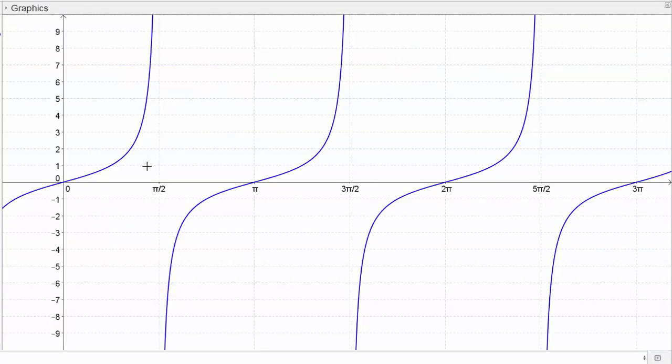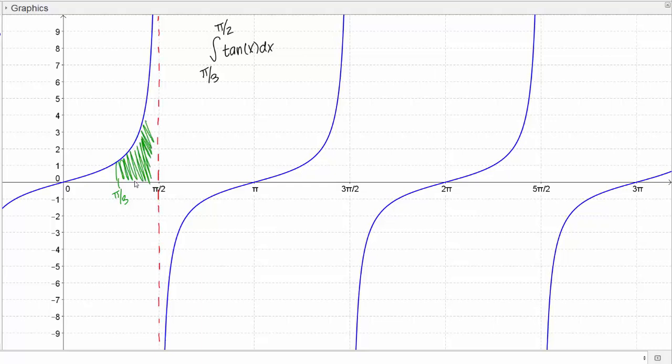So here I have graphed the tangent of x in blue, and remember that we're looking at the integral from pi over 3 to pi over 2 of tangent of x dx. So here's pi over 2, and I've sketched in my vertical asymptote here, and pi over 3 is somewhere in here. And so we're looking to find this area in here.